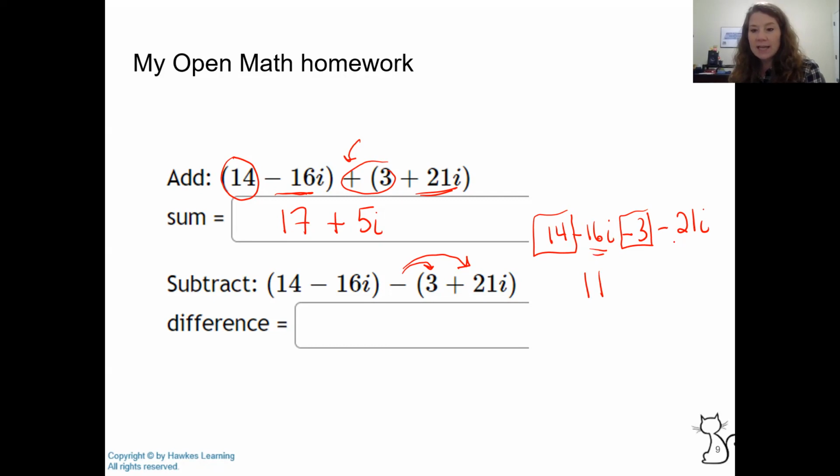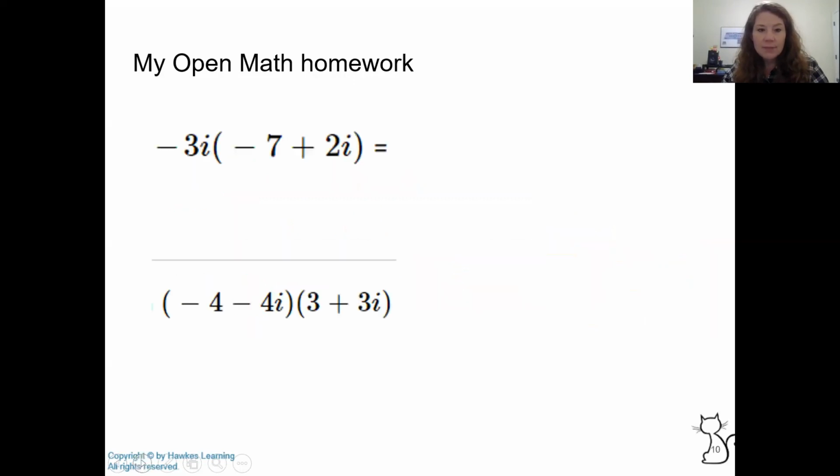Negative 16i combined with negative 21i is negative 37i. And that is our difference. Okay, 11 minus 37i.